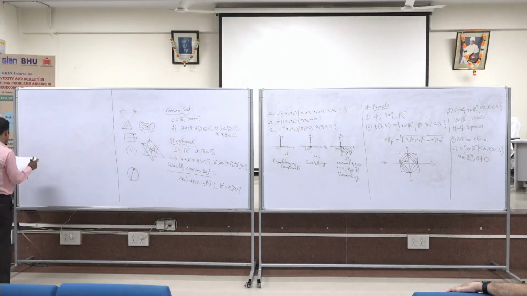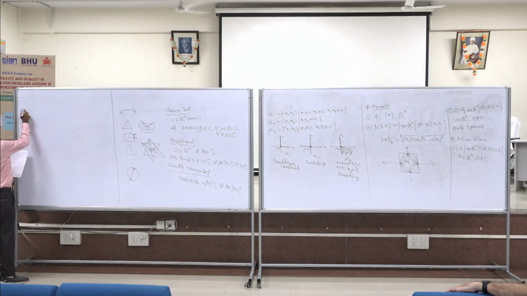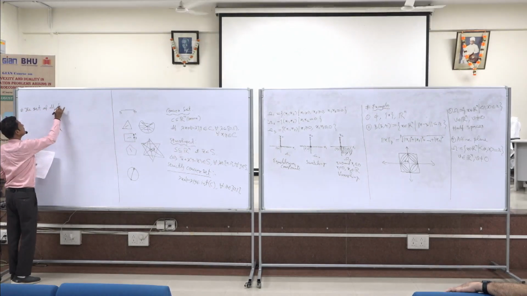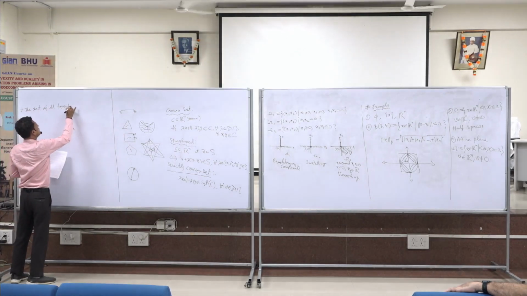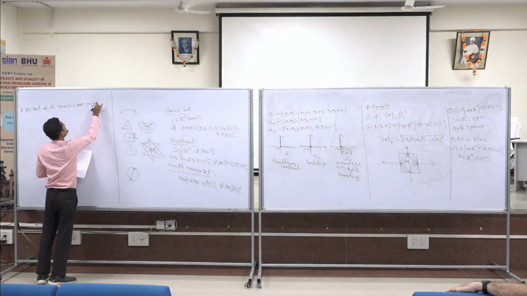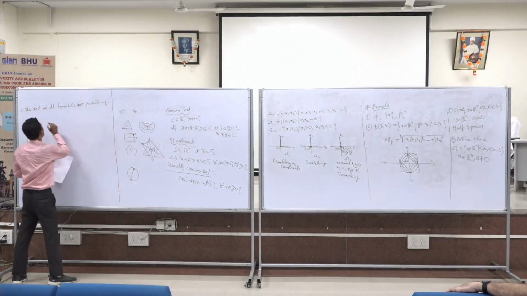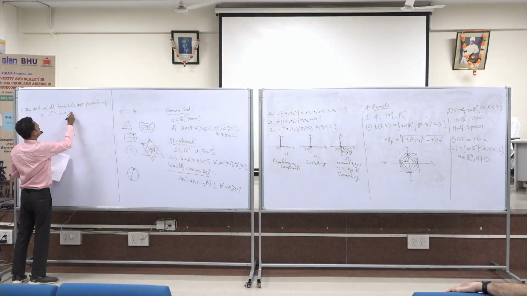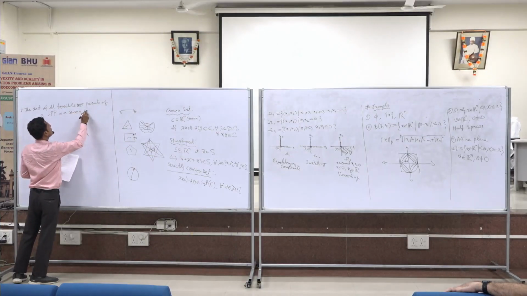So the set of all feasible points of a linear programming problem is a convex set.